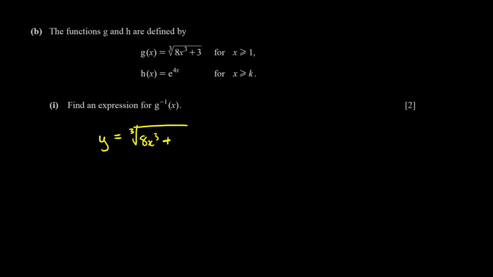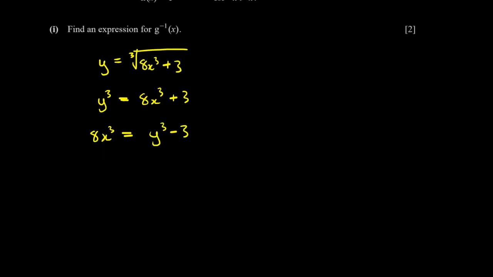So we're going to cube both sides. So we're going to get y cubed is equal to 8x cubed plus 3. And so therefore 8x cubed is equal to y cubed minus 3. And so then we'll divide both sides by 8. So x cubed is equal to y cubed minus 3 all upon 8.